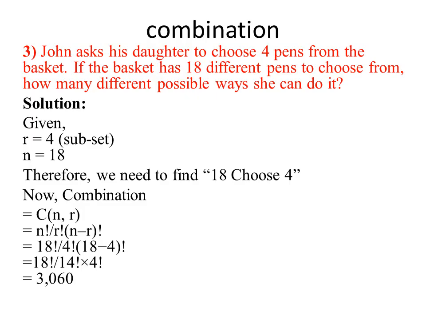Now the combination nCr is equal to n factorial over r factorial into n minus r factorial, that is 18 factorial by 4 factorial into 18 minus 4 factorial, that is 18 factorial over 14 factorial into 4 factorial, that is equal to 3060. With this problem, I will conclude this session.